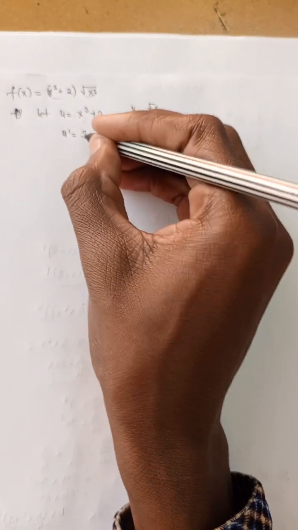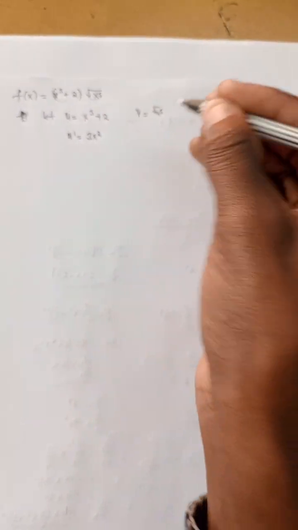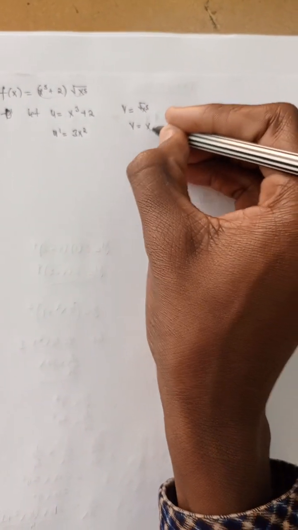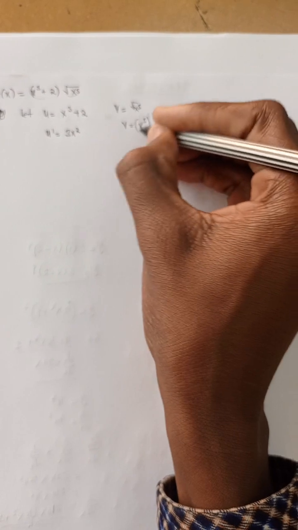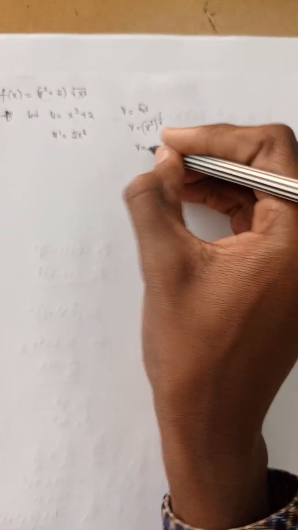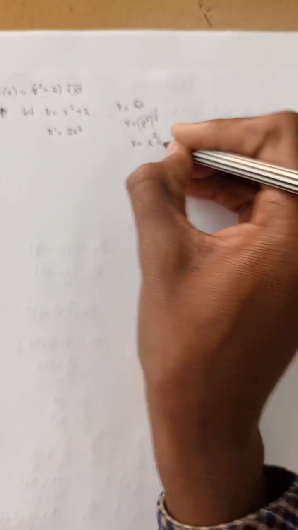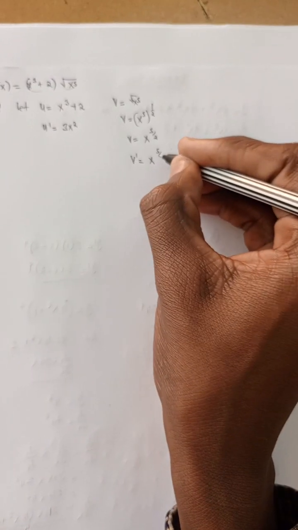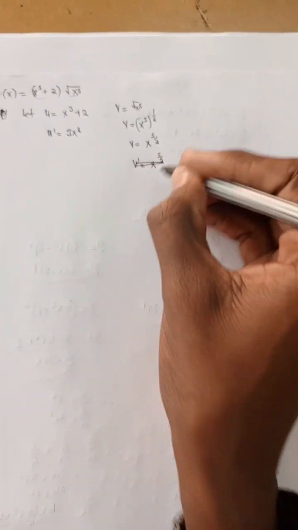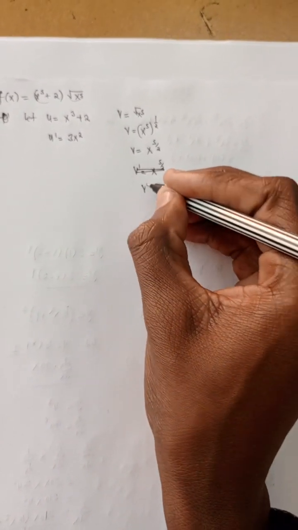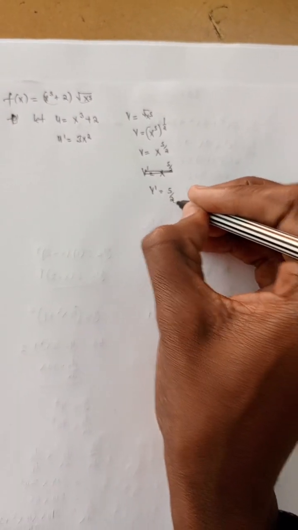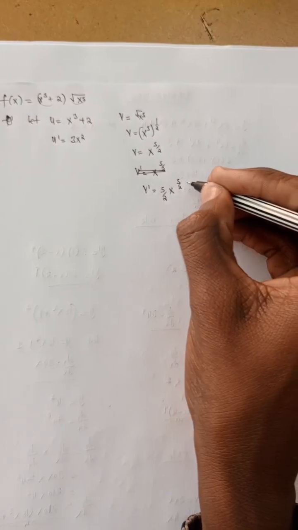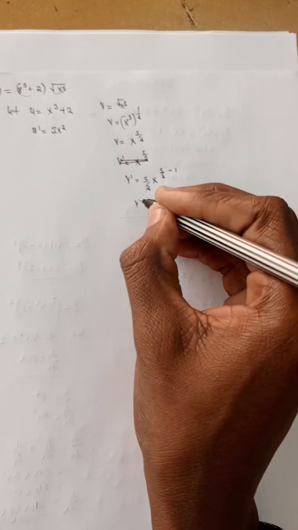So differentiating that, we have 3x to the power 2. Then we can rewrite that as x to the power 5 over 2 for v. And to differentiate that, we drop the index and we have x to the power 5 over 2 minus 1.